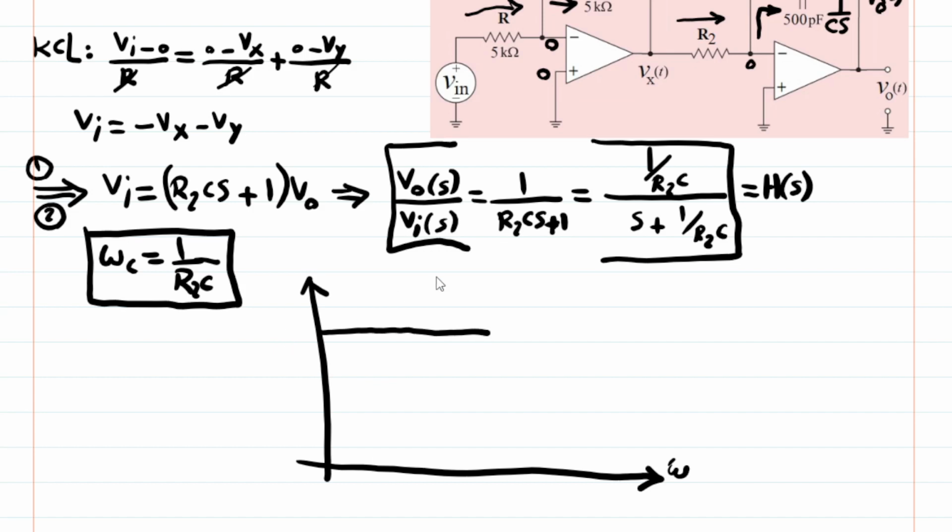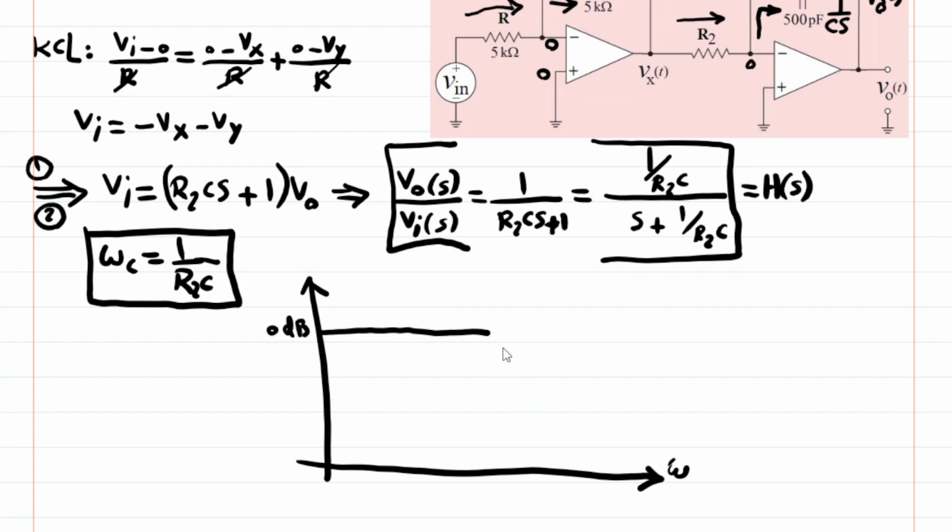When S is equal to 0, at super low frequencies, the transfer function, or the system response, is 1, so you get 0 dB. That's 20 log 1, which is 0 dB.